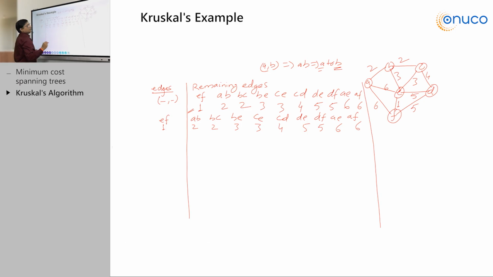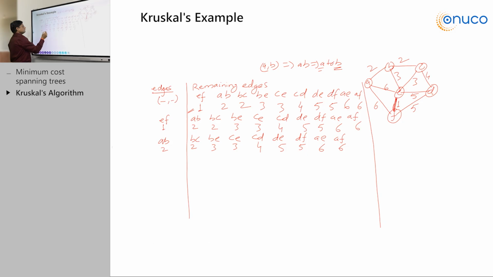E to F you have already selected. Similarly, now the next minimum element is 2, so you are going to select AB 2. The remaining are BC 2, BE 3, CE 3, CD 4, DE 5, DF 5, AE 6, AF 6.